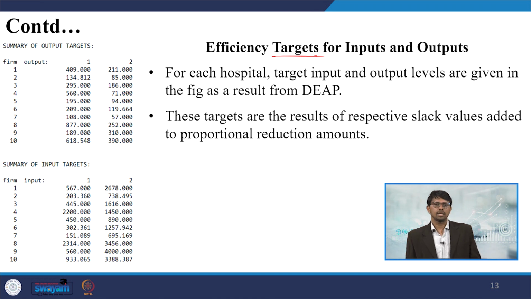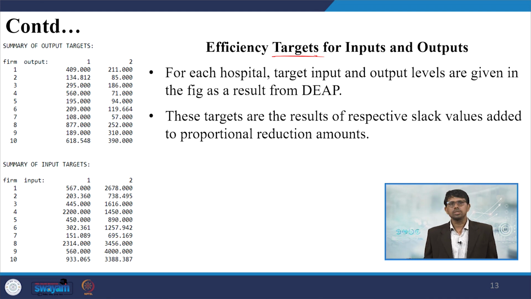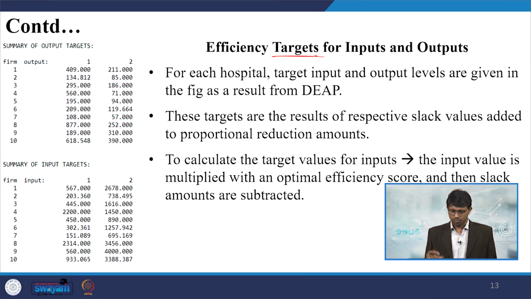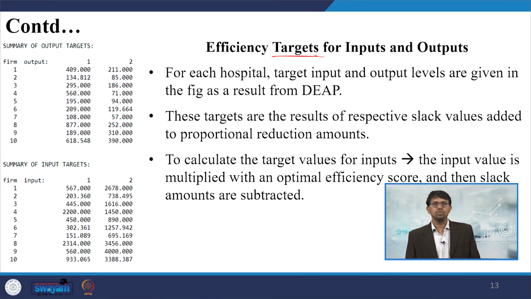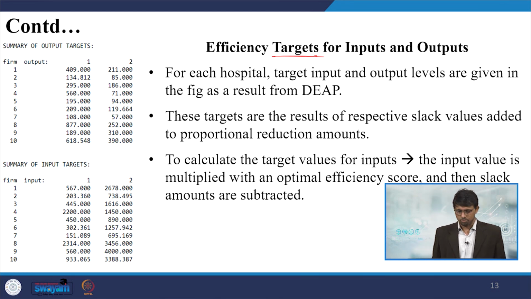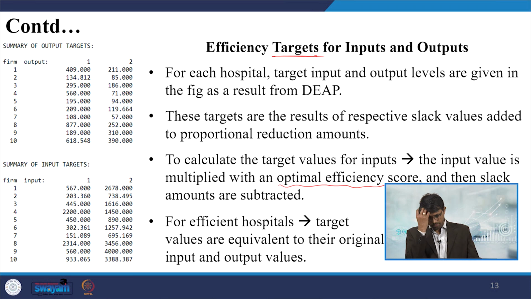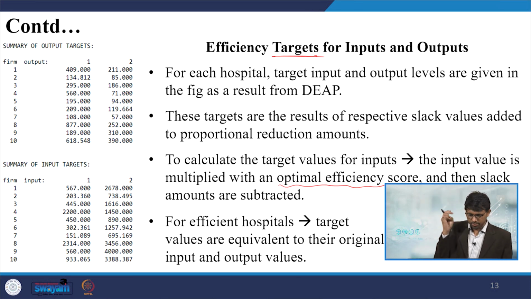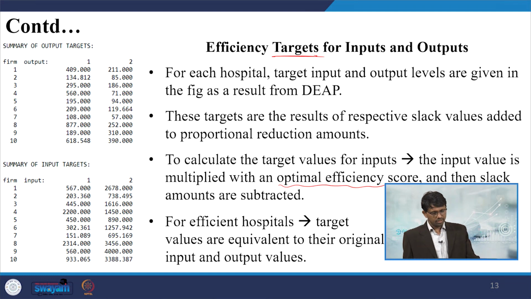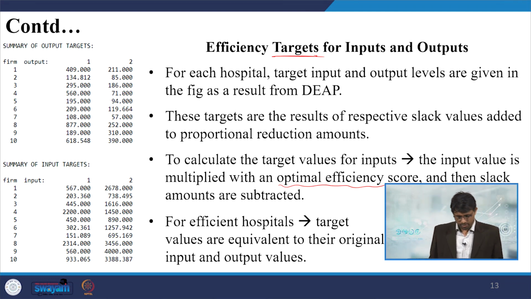These targets are the result of respective slack values added to proportional reduction amounts. So, to calculate the target values for input, the input value is multiplied with the optimal efficiency score, and then slack amounts are subtracted as per the formula which was already given to you. Okay, if you remember that formula, the optimal score is determined, then from the optimal score we apply the slack method and it can be calculated.